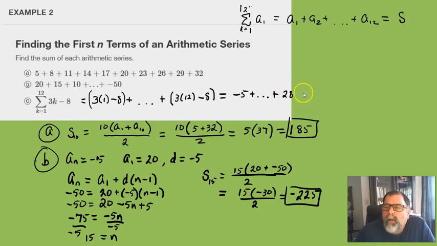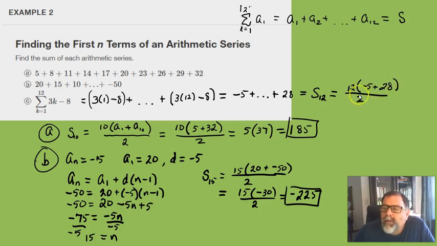Okay, so our S sub n, which in this case is 12. So again, ignore what I was talking about up here. I was basically going to show you if you started offset, but anyway, just ignore that. S sub 12 would be 12 divided by 2, the first term, which is negative 5, the last term is 28.